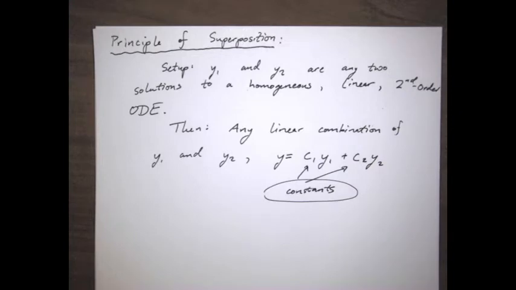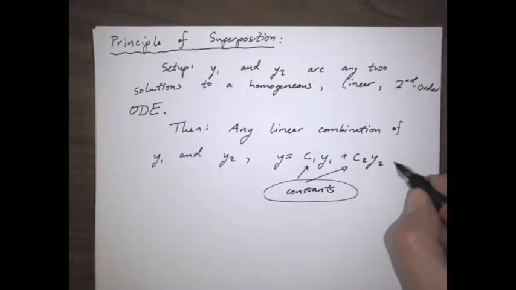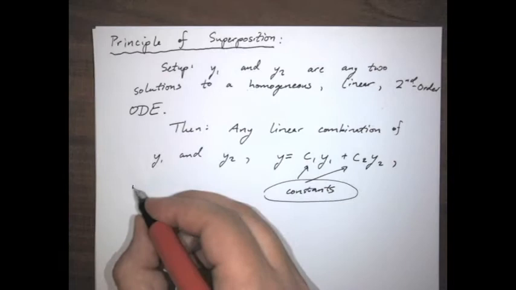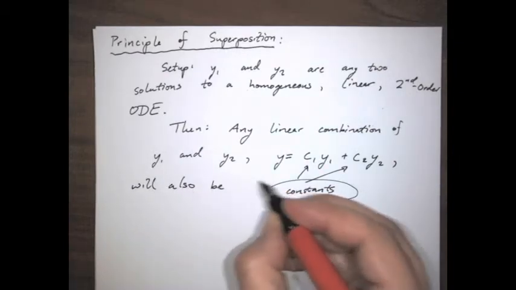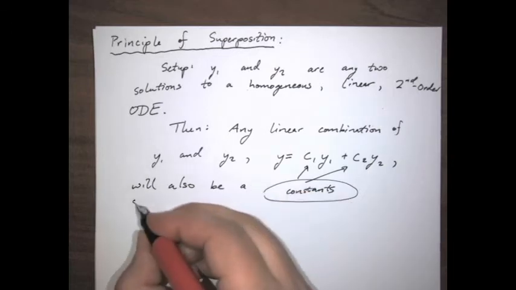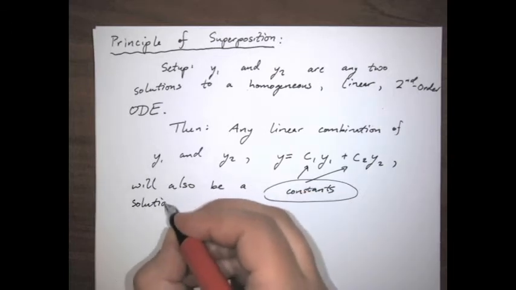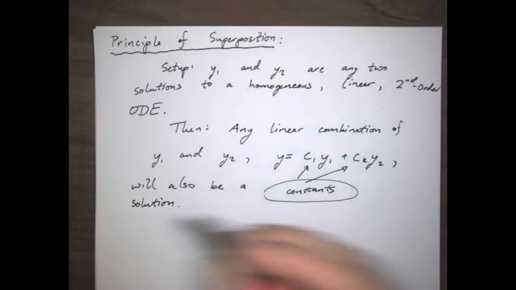Then any linear combination of y1 and y2, such as this, will also be a solution to that same differential equation.